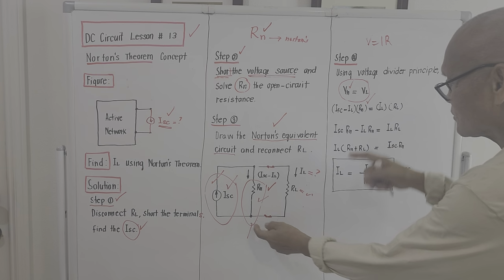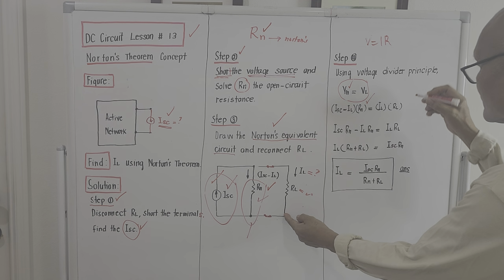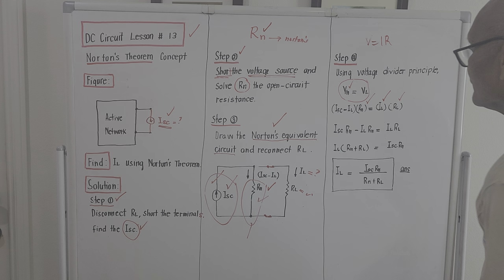That's why V sub N equals V sub L. And V sub L is actually the product I sub L times R sub L. So this is I sub L R sub L.